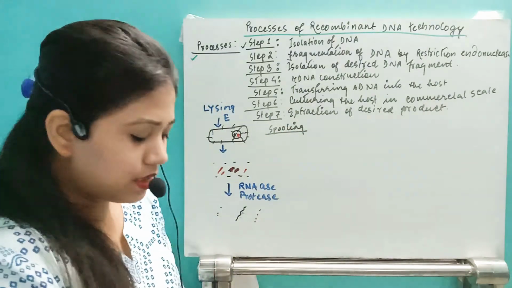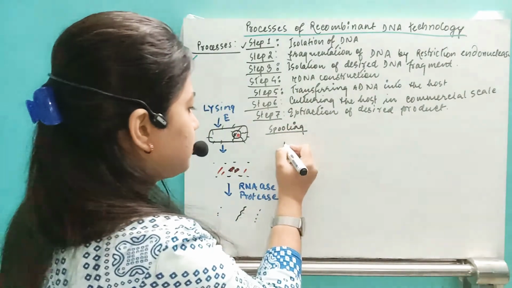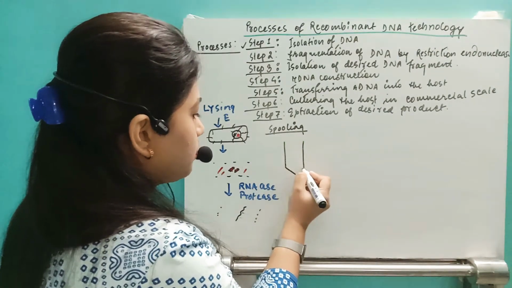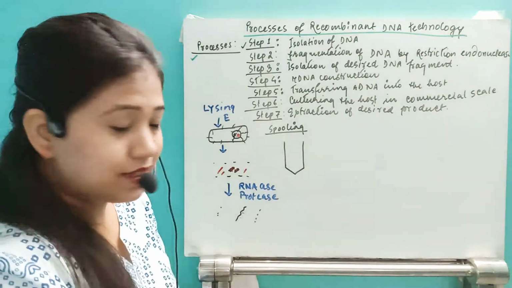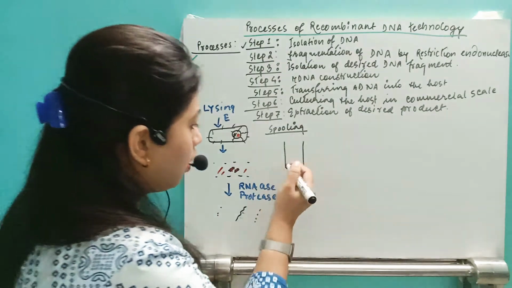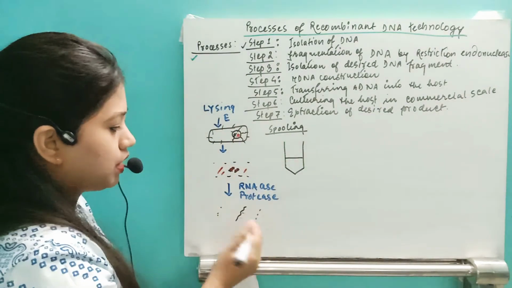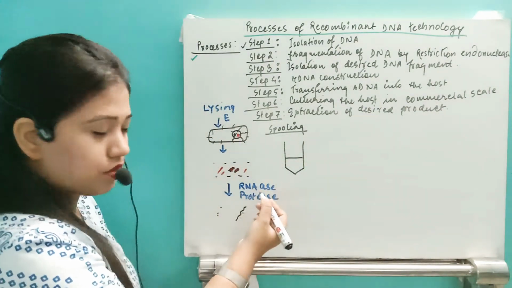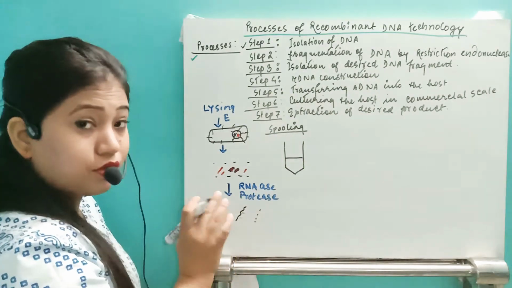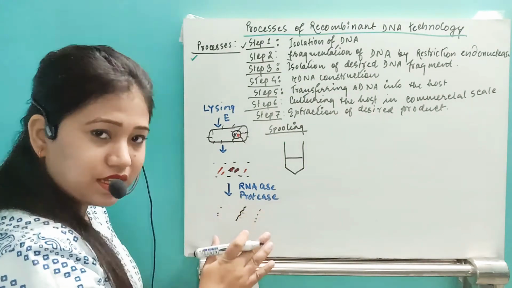So in this spooling procedure, what happens? Suppose this is the test tube. In the test tube we have this mixture, that means the enzymes RNase and protease are here.